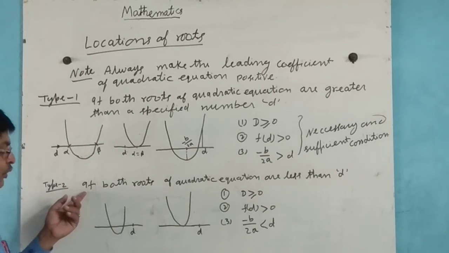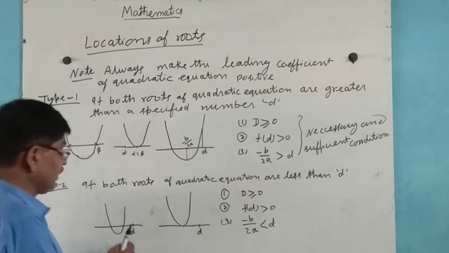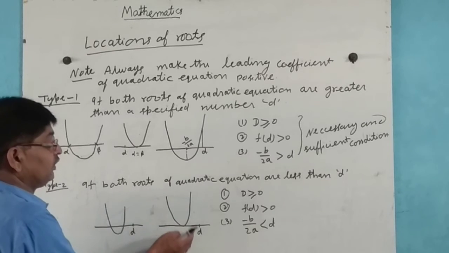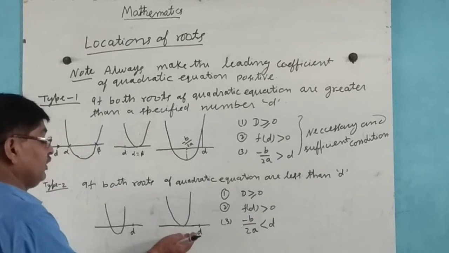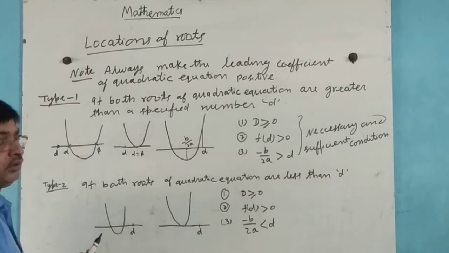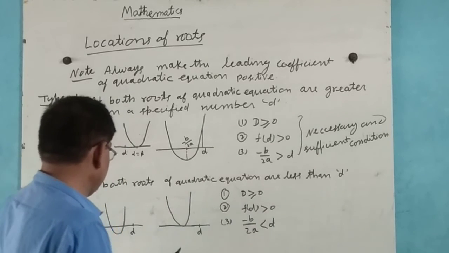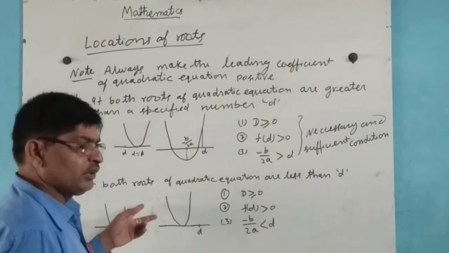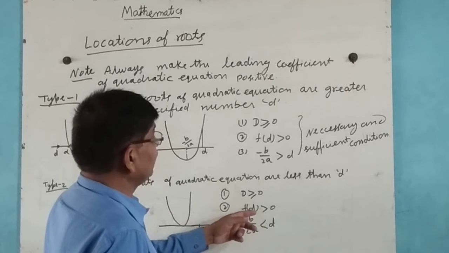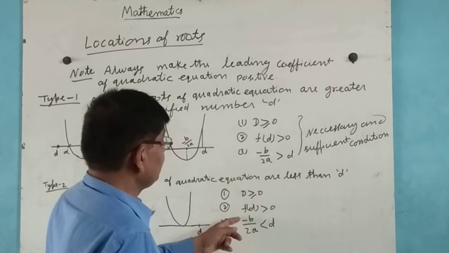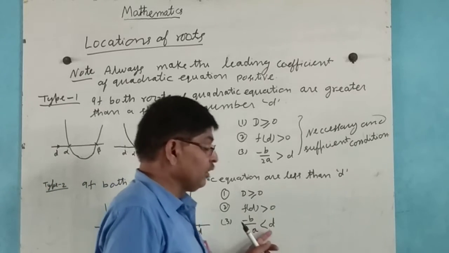In type 2, if both roots of the quadratic equation are less than d, the numbers are in decreasing order, and in this case D is greater than or equal to 0, f(d) greater than 0, but minus b by 2a is less than our specified number d.